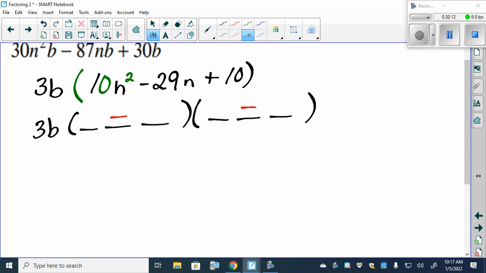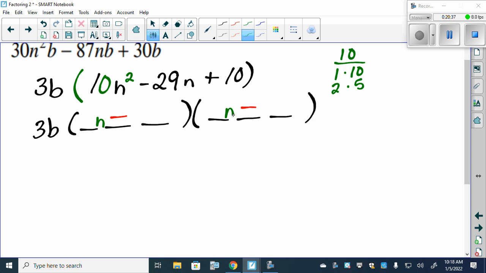Well, the factors for 10 are 1 and 10 or 2 and 5. Now we do know the factors for n squared are going to give us n and n. So I'll go on and put those in. Now for the 10 part of 10n squared, we need to decide if we're going to use 1 and 10 or 2 and 5.